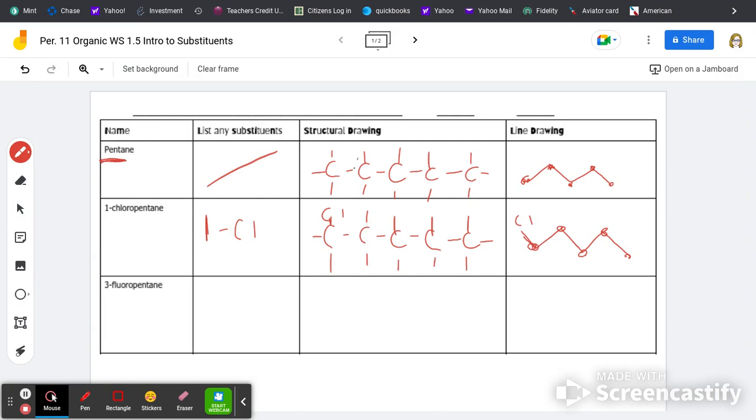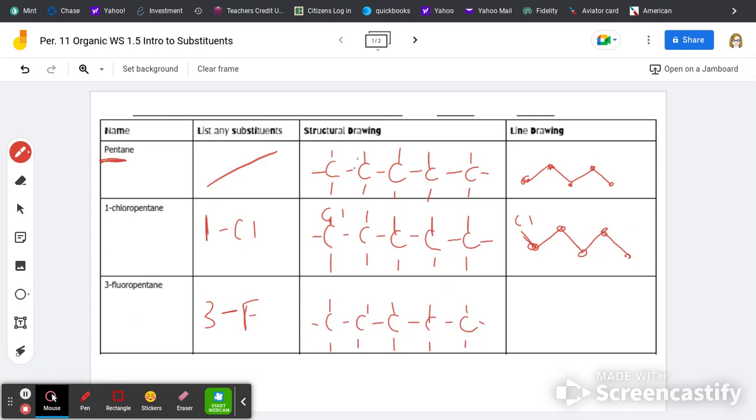So on this one, you're going to have a fluoro on your 3rd carbon. So again, you start out the same way. And so just count your 3rd carbon over.